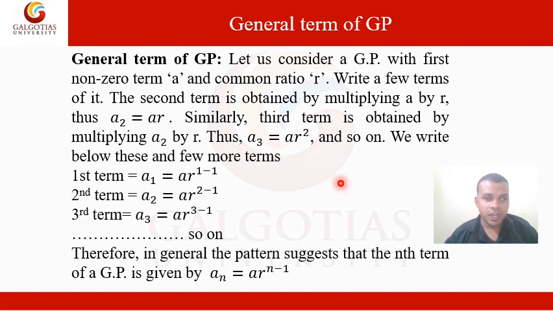That means you are getting terms like A, AR, AR square, AR cube, and so on up to n terms. What will be your nth term? Your first term was A into R to the power 0. That means I can say that your nth term is going to be A into R to the power n minus 1.